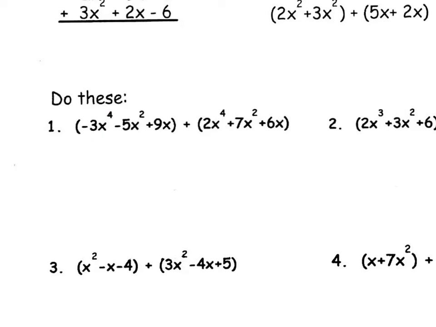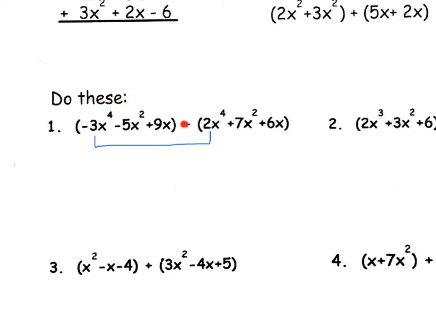Just always make sure that you hit this sign in the middle when you're doing it. So if I want to combine the 3x to the fourth and the 2x to the fourth, since they are like terms, they both are x's, and they both have the same exponent of 4, I would need to go here, here, here. Think of it like a hopscotch. They can't make it all the way across.